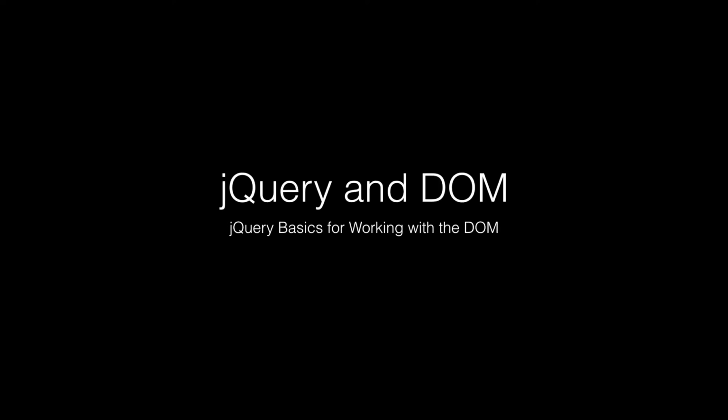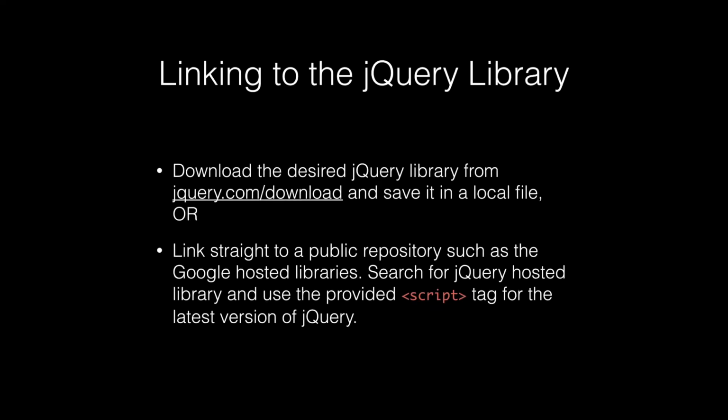So here we go, jQuery basics for working with the DOM. First of all, jQuery itself is a library that we're going to stack on top of vanilla JavaScript. It's an extension or a whole package of extra things that make things easy and helpful, and of course you've been using this already to some extent. We're now formally introducing for you how to link in a jQuery library.